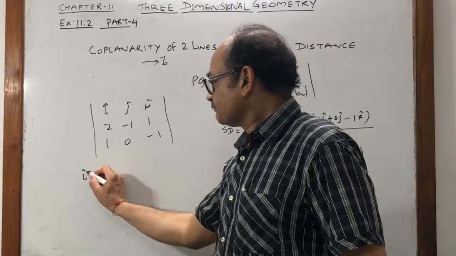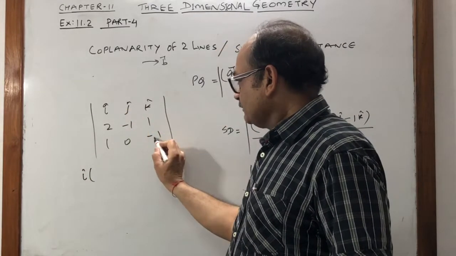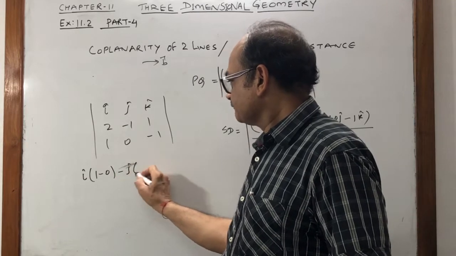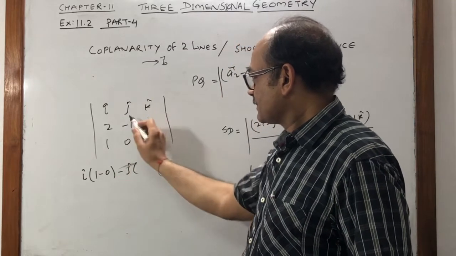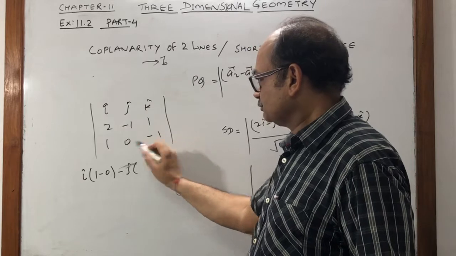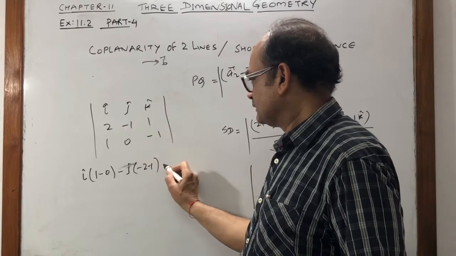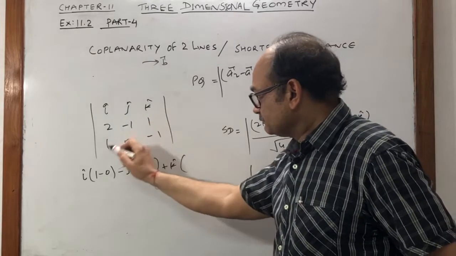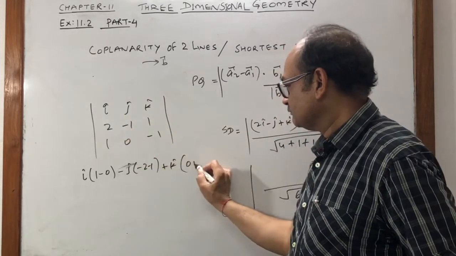I, 1 minus 0, minus j, minus 2 minus 1, and k, 0 plus 1.